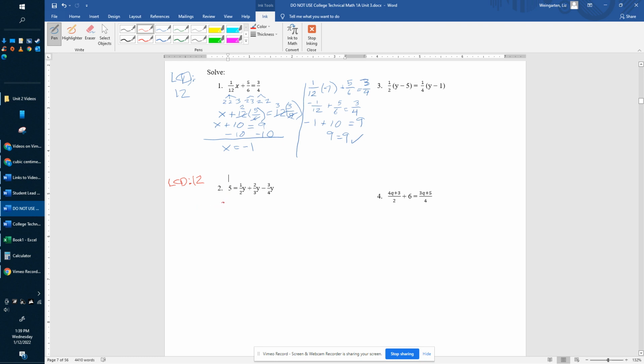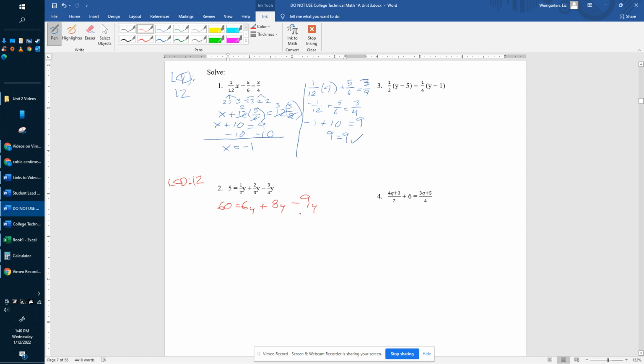5 times 12 is 60. 1/2 times 12 is going to give us 6y, plus 2 times 12 is 24, divided by 3 is 8y, minus 12 divided by 4 is 3. 3 times 3 is 9y.